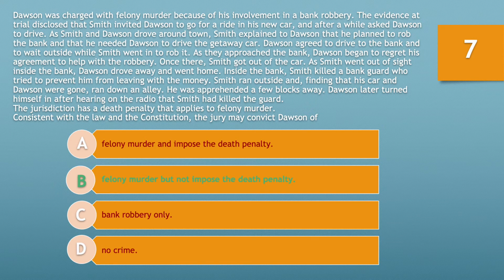This one's going to possibly assume a bit of fact that's not included in the call of the question. The correct answer is B, felony murder, but not impose the death penalty. Under felony murder, the rule is that a person can be found guilty of a killing that occurs during the commission of an underlying felony that is inherently dangerous, such as burglary, arson, rape, robbery, or kidnapping.